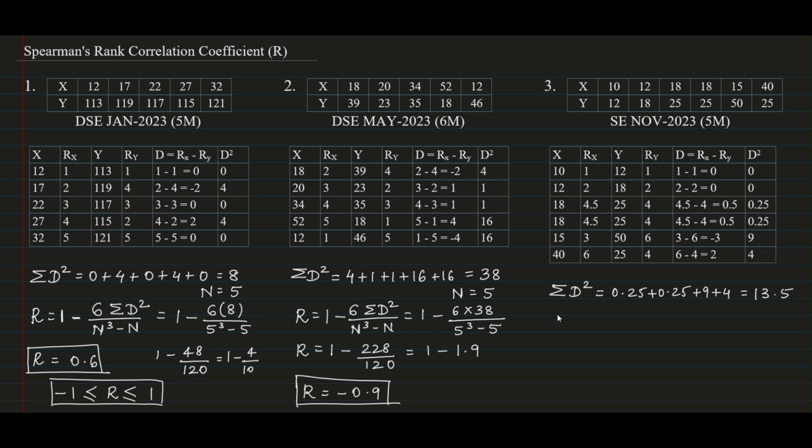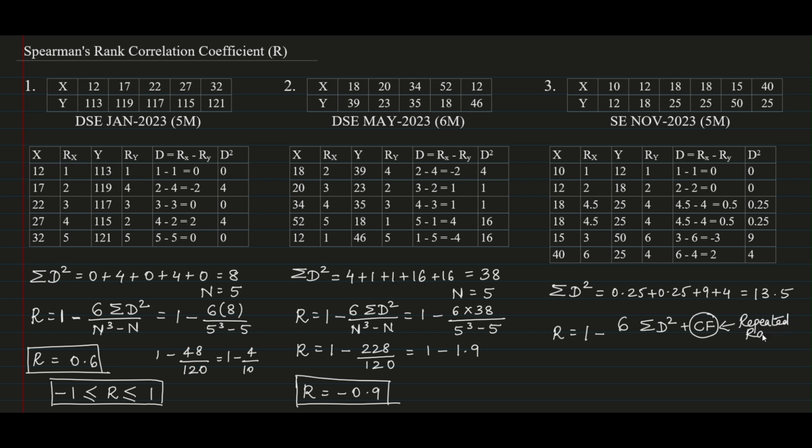Here, rank is calculated as 1 minus 6 times summation d square plus a correction factor, upon n cube minus n. This correction factor corresponds to the repeated ranks.